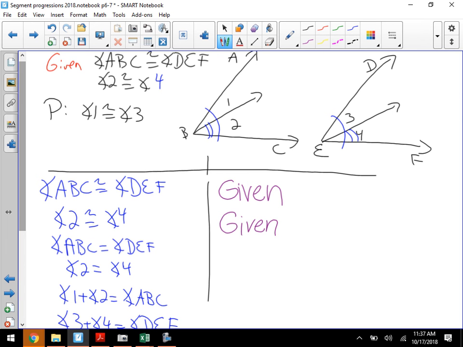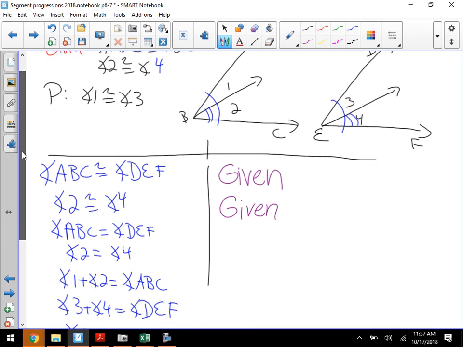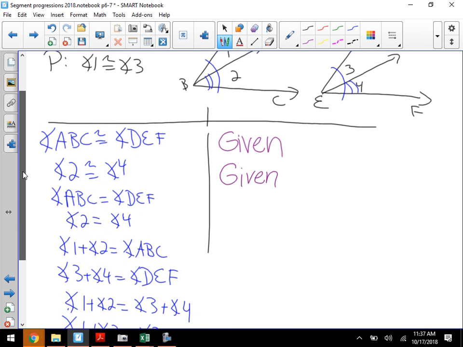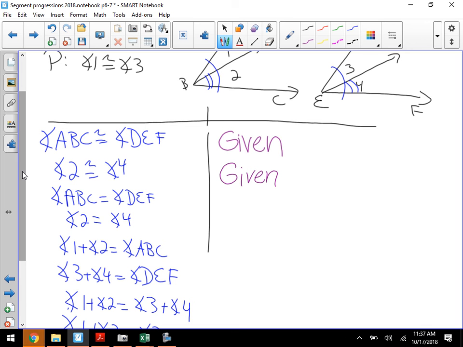When you work through these, you want to look at what's given. So now we've done that. Now how can we use what's given? Now it says angle ABC is equal to angle DEF. Yep, that's the definition of congruency. You can see the congruent sign just switched to the equal sign. So that's how we use that given statement.